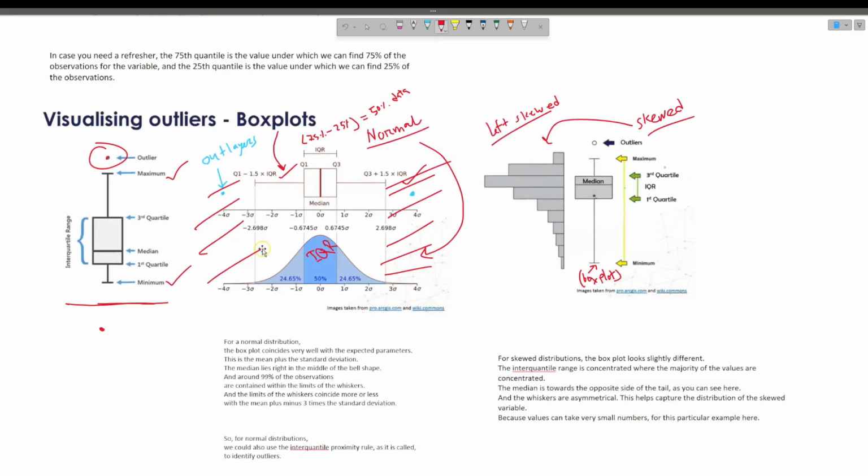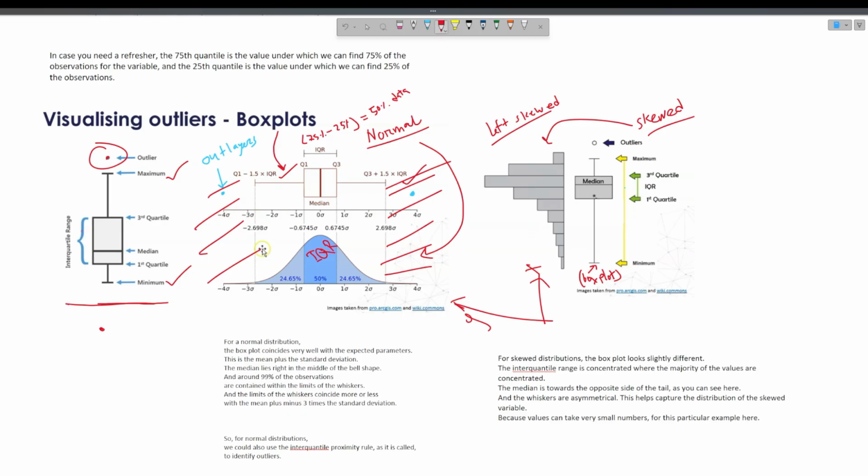Again, here we have a left skewed dataset. The dataset is plotted something like this, with an x-axis and a y-axis, so we have to visualize it differently. Here you can see the maximum of the values is here.